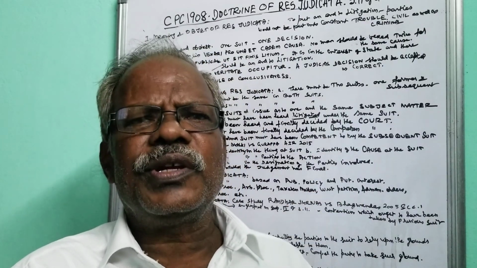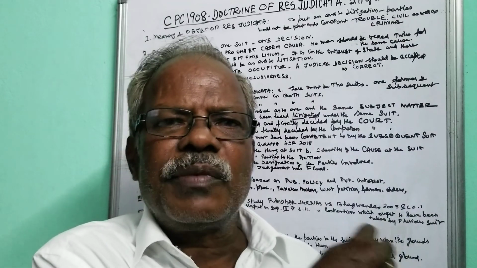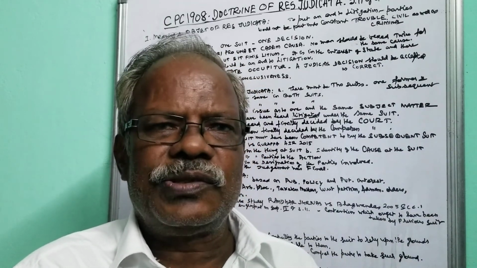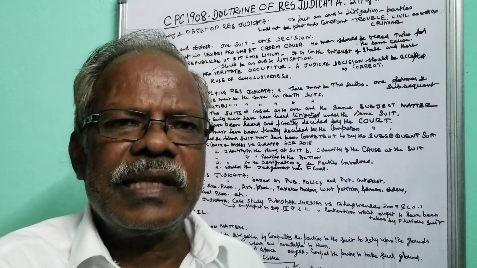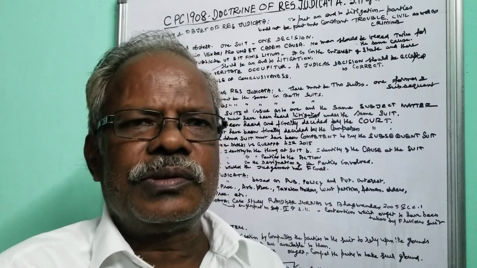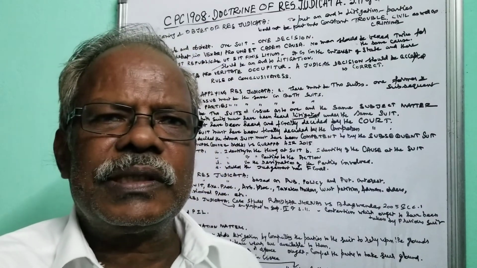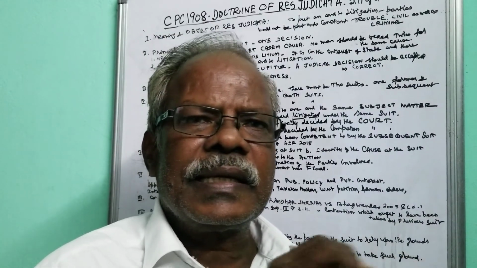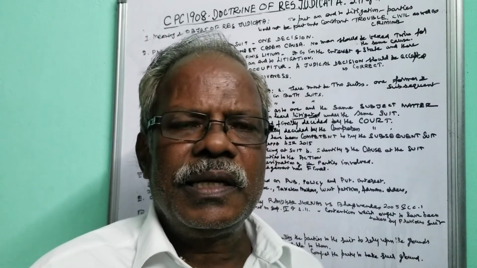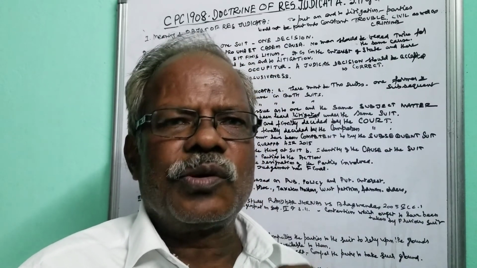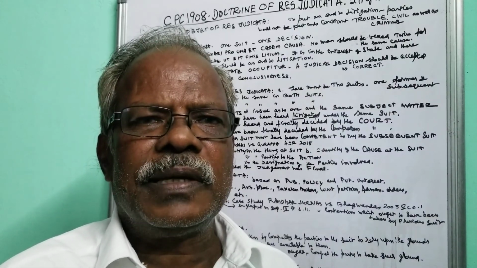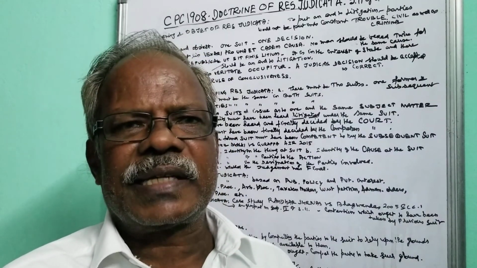Before going into the topic, we will see some of the important vocabulary connected with res judicata. First, the matter in issue. The matter in issue is the important point in any suit which is going to be instituted in the court. The matter in issue will become the cause of action.